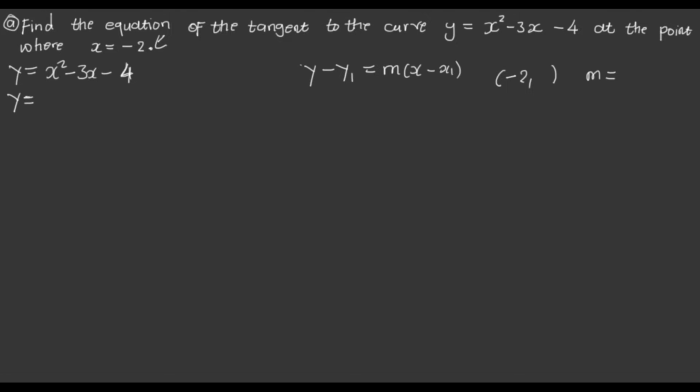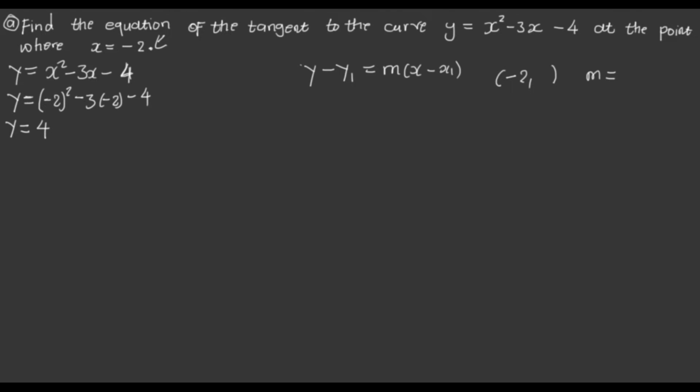When finding the y coordinate, you plug in the value of x. So the value of x is known, it is -2. Where there is x, we put (-2) squared minus 3(-2) minus 4. Y is equal to, here we have (-2) squared, -2 times -2, we have +4.